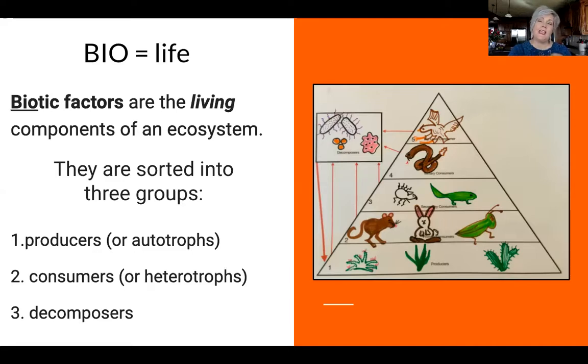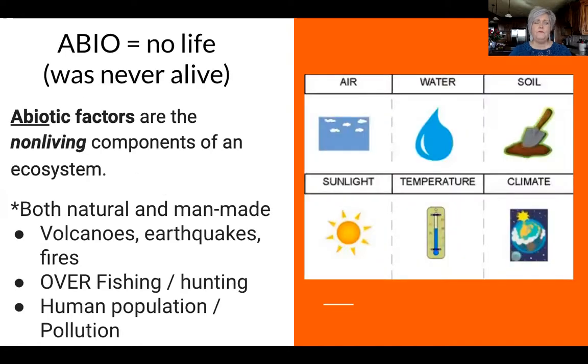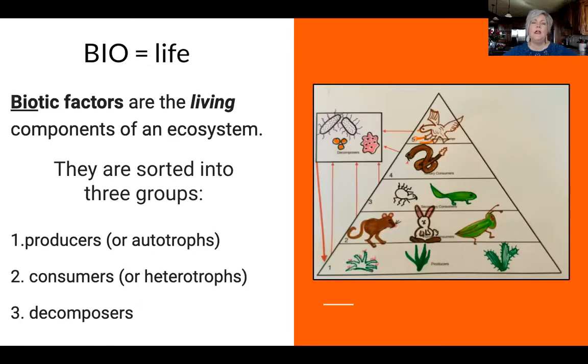All right, so what's an abiotic factor? Anytime you have the prefix a in front of something, it means not, or the opposite of. So abiotic means no life. Specifically, that means it was never alive. Let me go back really quickly. Biotic doesn't necessarily mean it's alive right now.